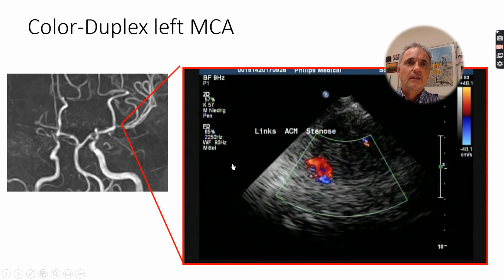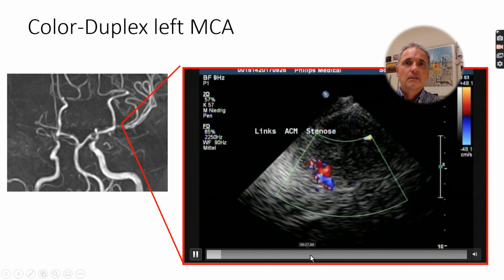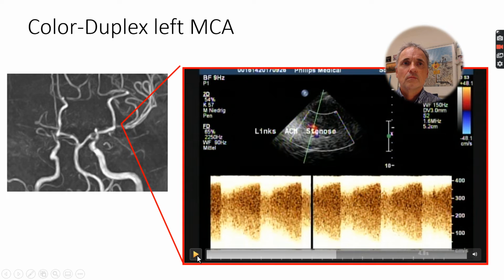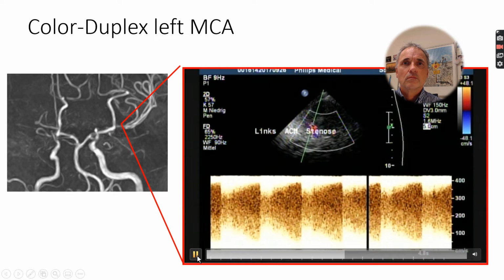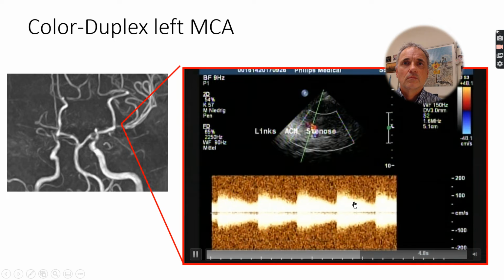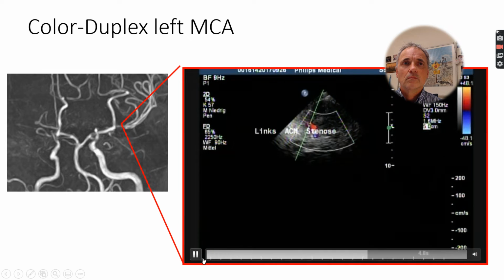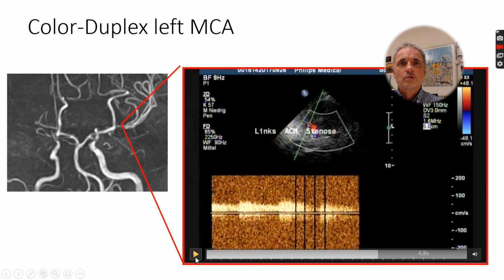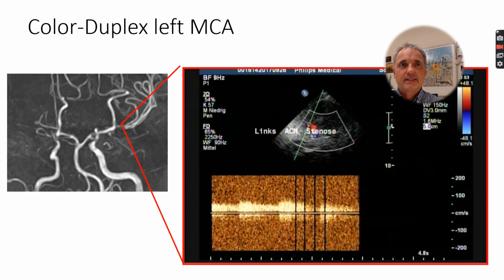Very high flow with 300 centimeters per second, with reduced flow post-stenotic as expected.